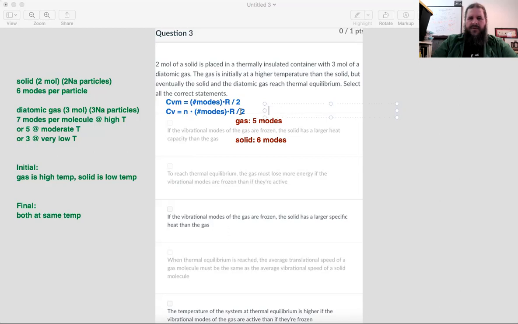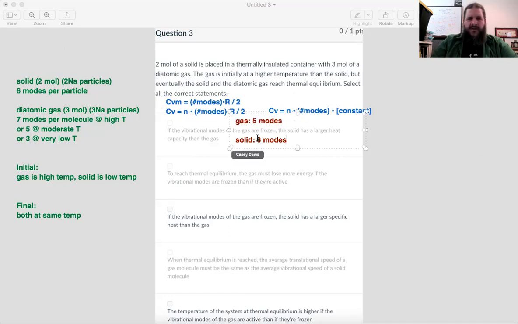Right, the R over 2 is just a constant. So we could bundle those together and say heat capacity at constant volume is N times number of modes times a constant. If we just want to know which one is larger, we can ignore that constant because it's the same for both. We can look at just what's left, N times number of modes.